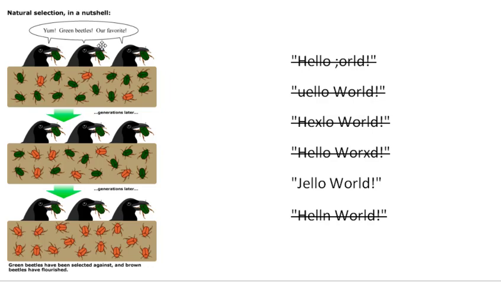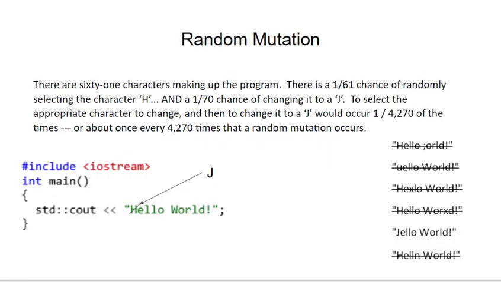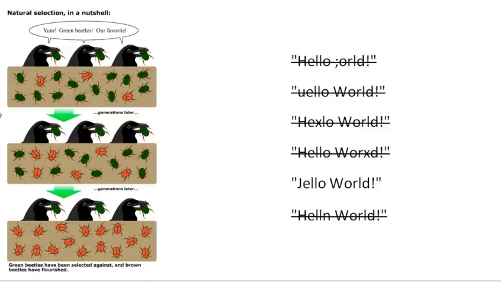It's not like it could just happen easily, like getting a random mutation to go from hello world to jello world, that's 1 over 4,270, right? But somehow you hit the lottery, now you can get not only orange but green. And then random selection, let's say there's some crows that like eating, could easily spot, the green variation of the beetle. Eventually that would get rid of all these green beetles, and what you'd have left would be the orange beetle.